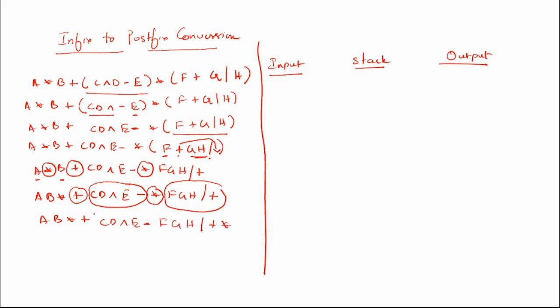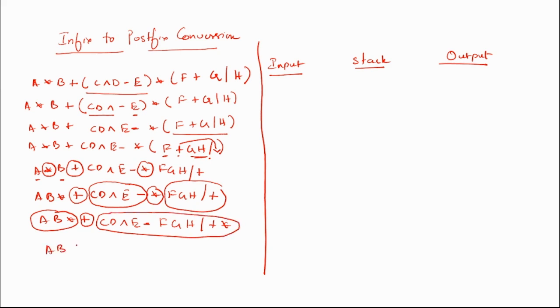Correct? We have done this. Now the only operator that is yet to be evaluated is plus. So this is very simple right now, right? Everything to the left of plus would be operand 1 because star has already been evaluated, and everything to the right of plus would be basically your operand 2.